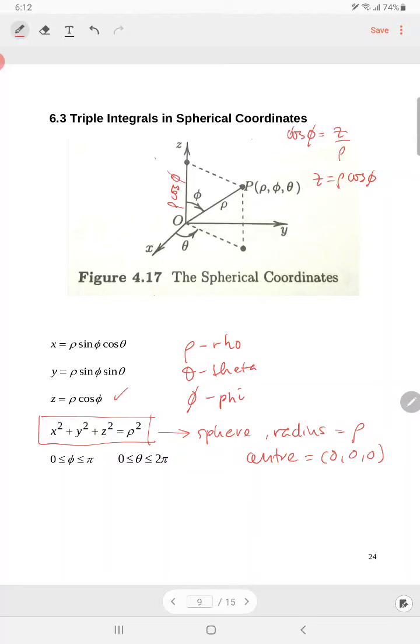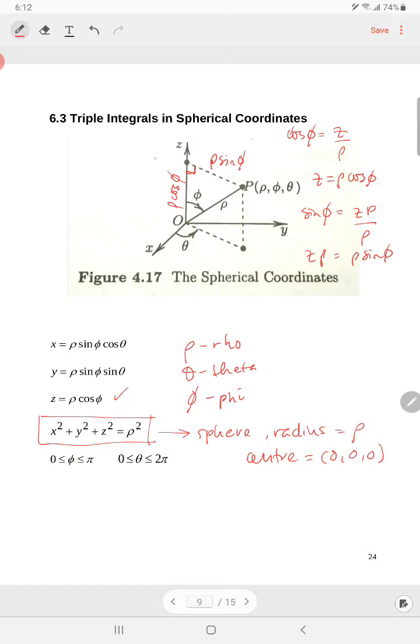Okay, now for sine phi, this is phi, this is a right triangle. For sine it's opposite divided by rho. So this bit here is rho sine phi. So this is like zp over rho. So zp is rho sine phi.